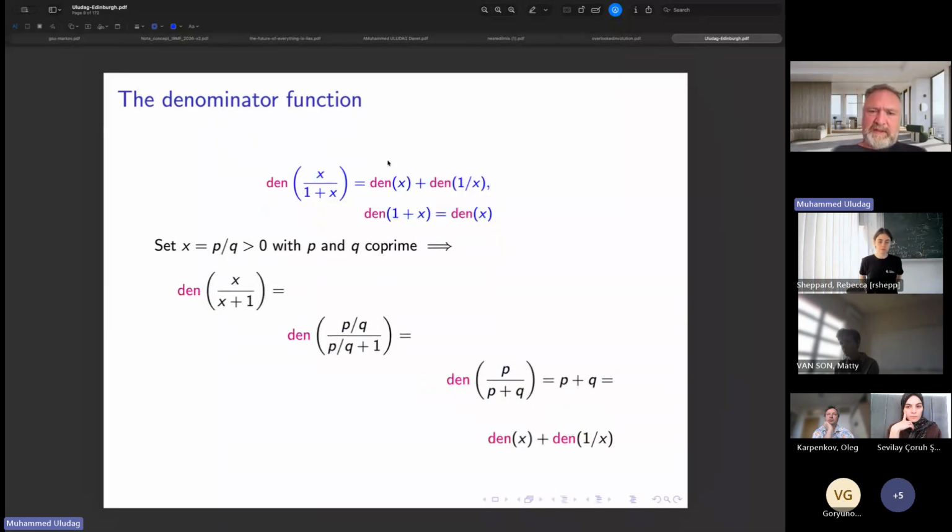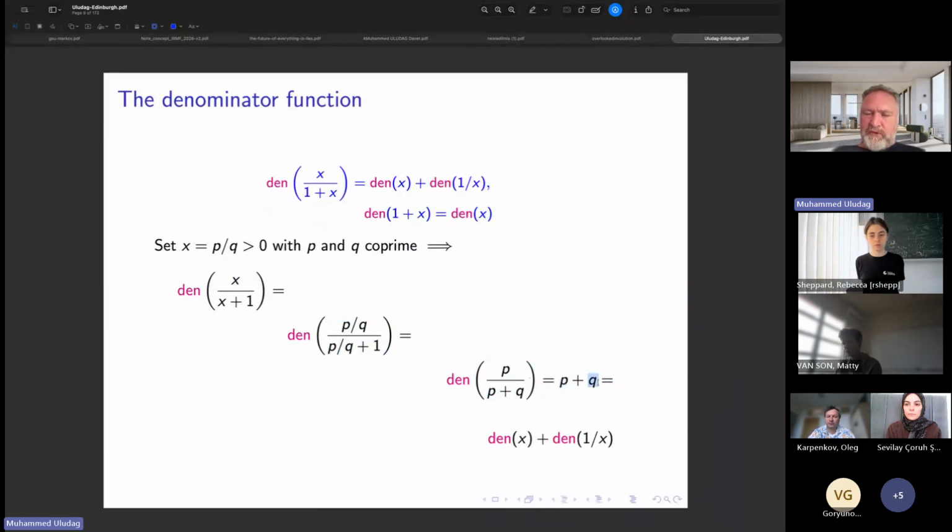As for the first equation, we also set x equals p over q and substitute. So we get p over q plus 1. And multiplying both sides with q, we get p over p plus q. And this time we see that since these two numbers are also relatively prime, the denominator is p plus q.